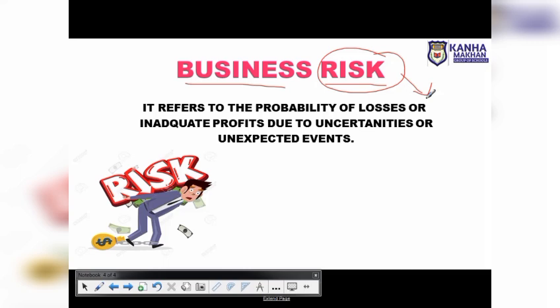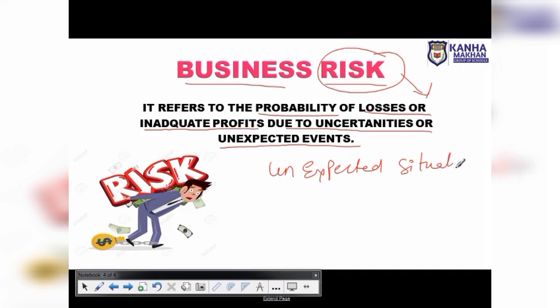As you can see on your screen, the definition is: it refers to the probability of losses or inadequate profits due to uncertainties or unexpected events. So basically we can understand that risk is an unexpected event or unexpected situation which ultimately leads to loss.